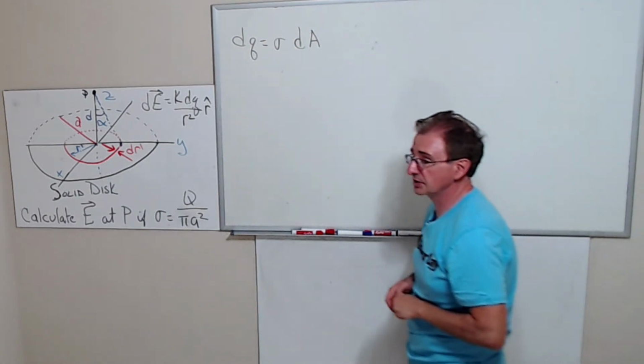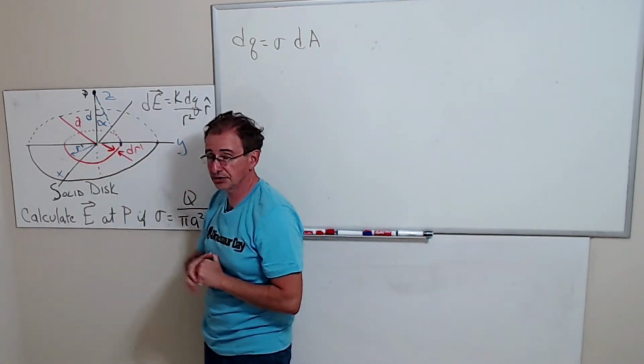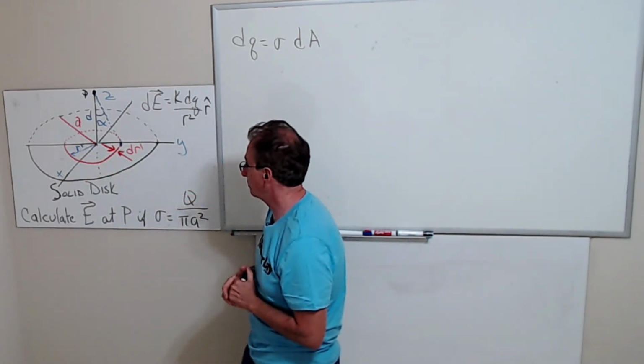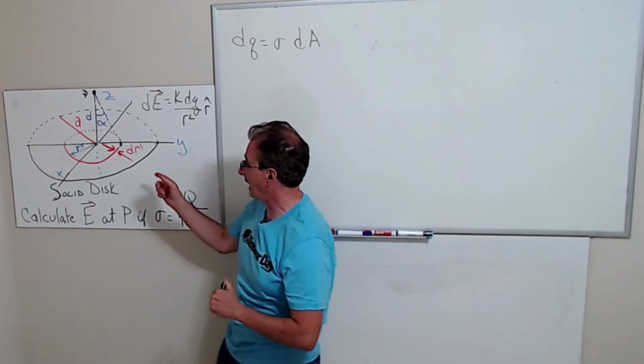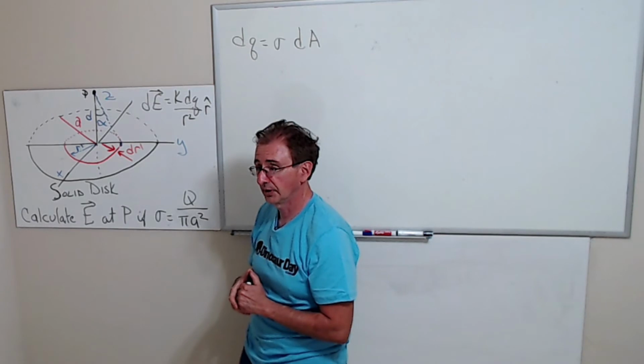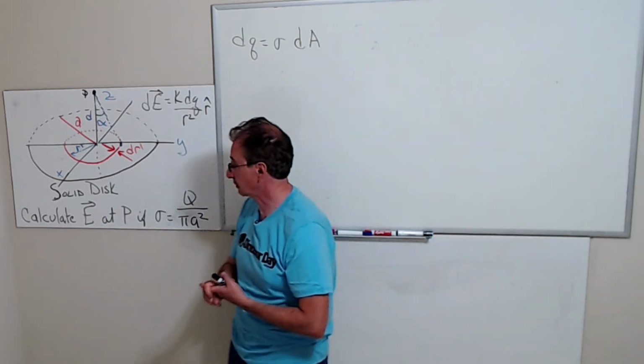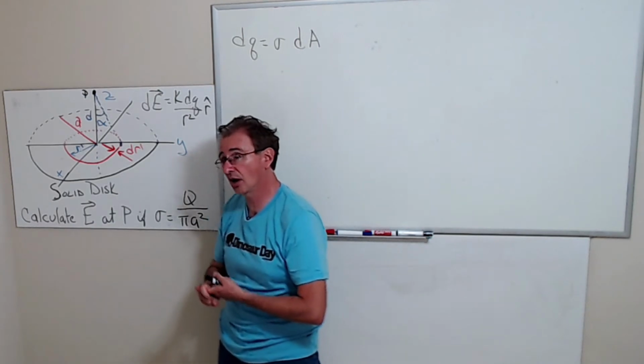We need to write an expression for dA. Since the charge density is uniform, I can actually break up this disk into rings. Not only is the charge density uniform, by the way, the electric field will be the same all the way around the ring.